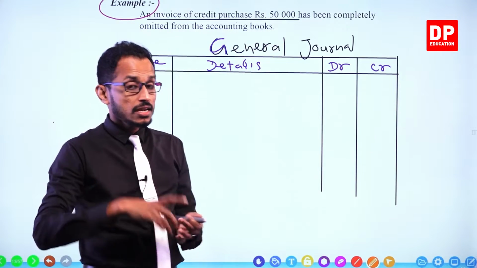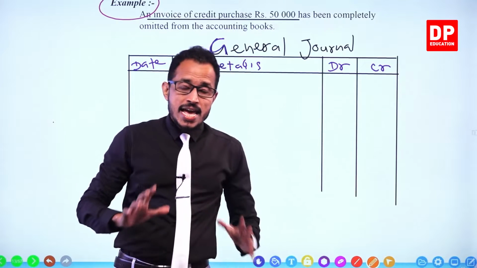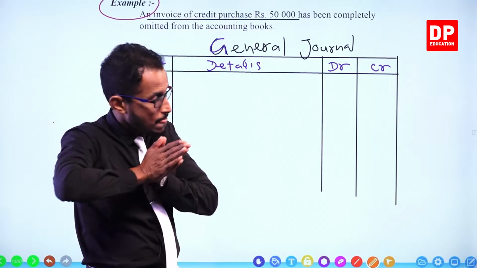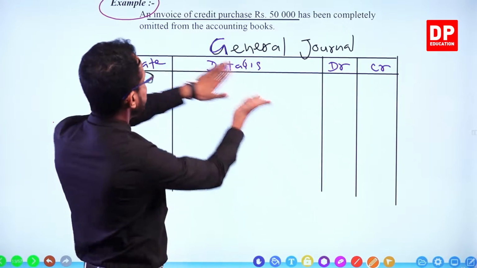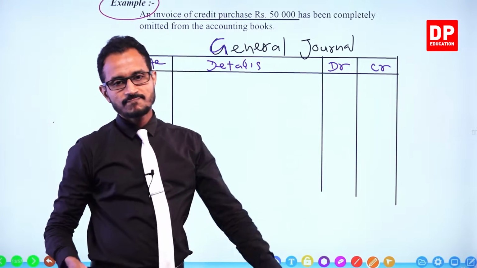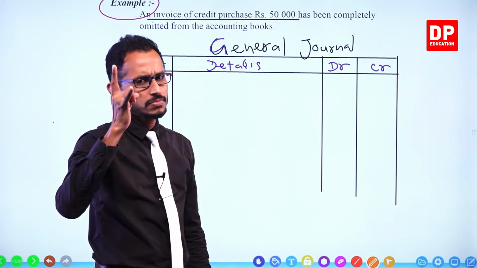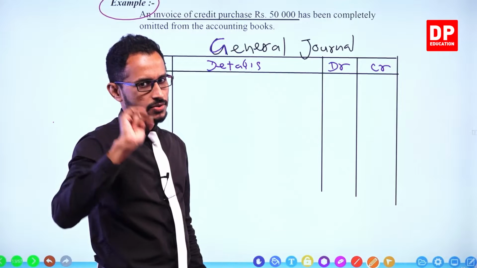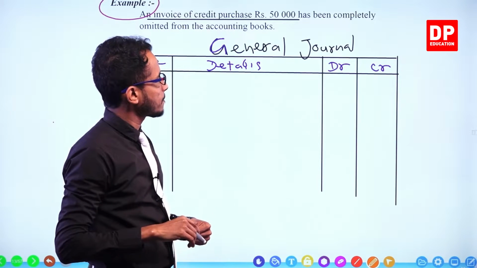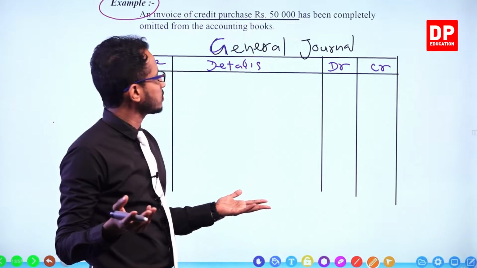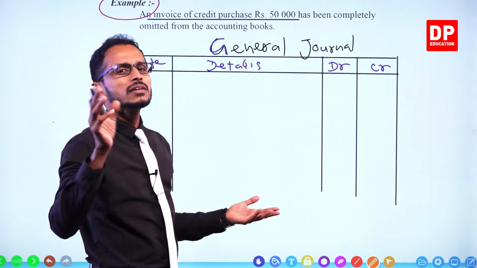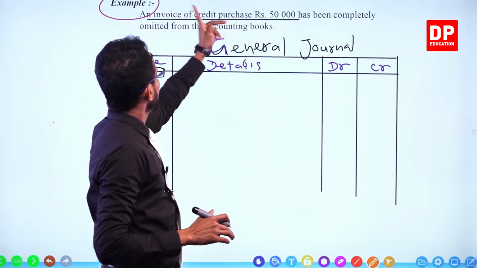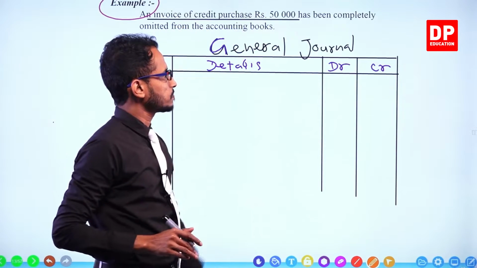Correcting entry. Remember, children, entering or doing a correction means recording the correct double entry. It's just a double entry. Because it's an omission, we just have to record the double entry for the transaction. This is the transaction. Credit purchase of 50,000.